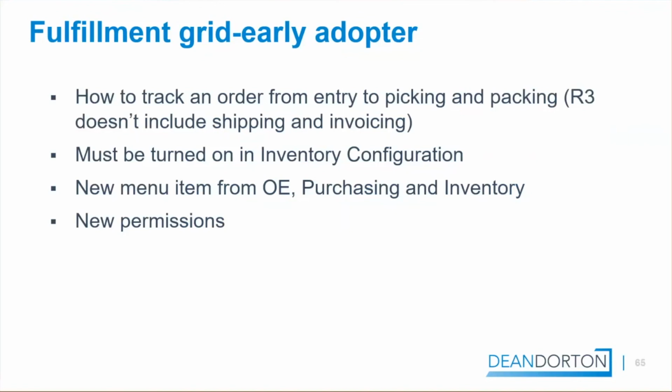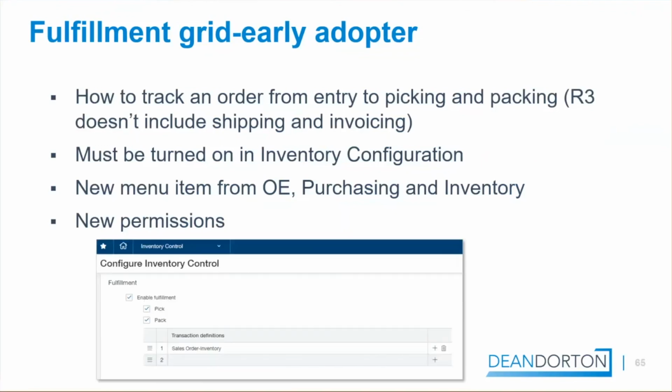It's turned on in inventory, with new menu items in OE, purchasing and inventory, and there are new permissions. So this is something, just like the payments by CSI, that is not rolled out to everyone, but is available if you leave us a message, give us a call, email us, whatever. We can potentially get you into this early adopter program.